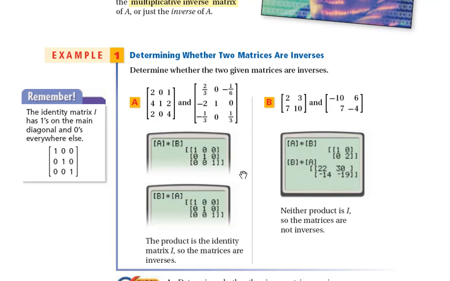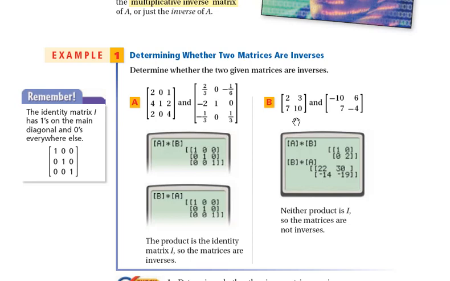When you multiply these two matrices, if the product is the identity matrix, then they are inverses of each other. Recall that the identity matrix is the matrix where you have ones in the diagonal and every other element is 0. So these two matrices would be inverses of each other.